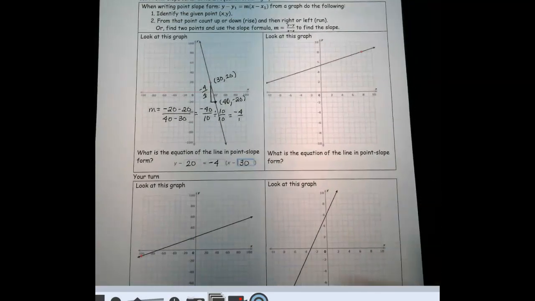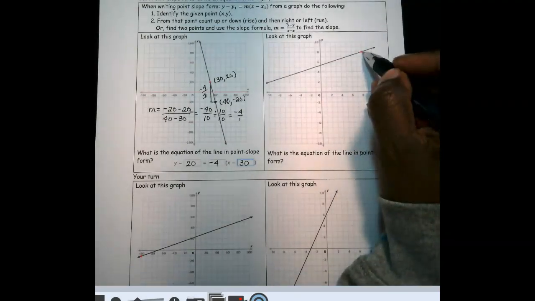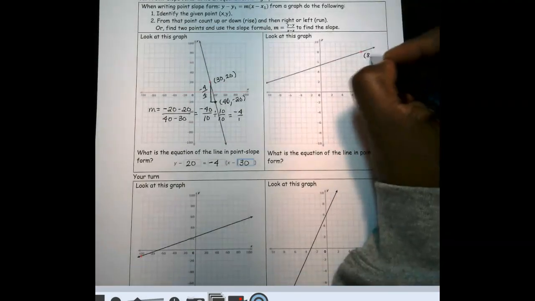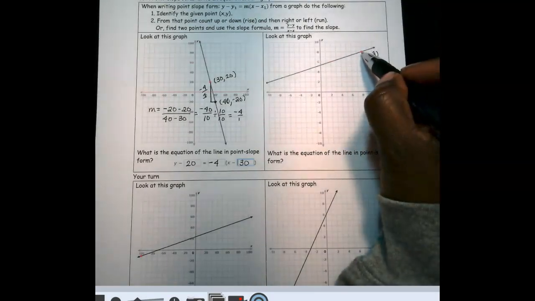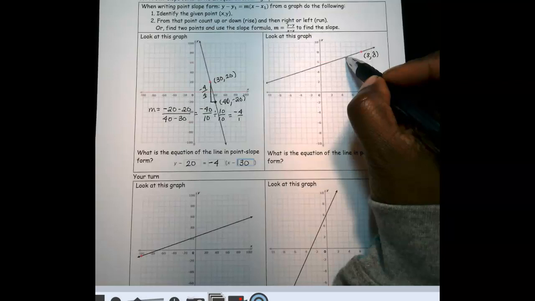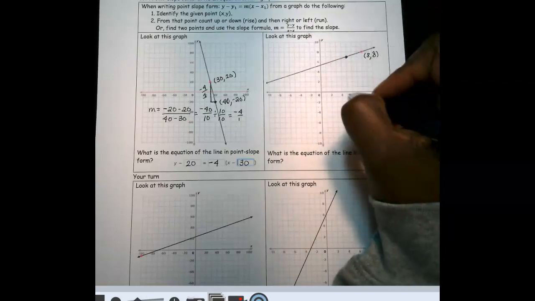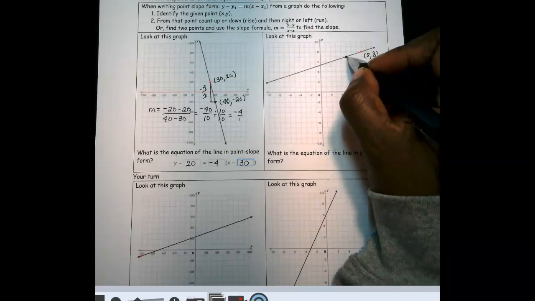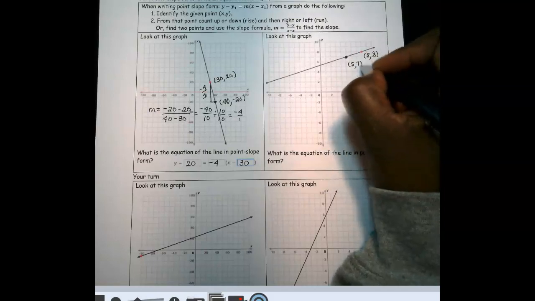Let's go ahead and look at the next one. Here we have 8, 8. Let's see if we can find another perfect point. Let's see here. I think right here is good. And this is 5, 7.